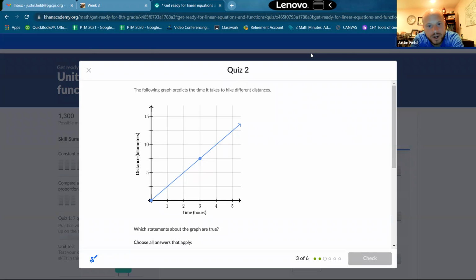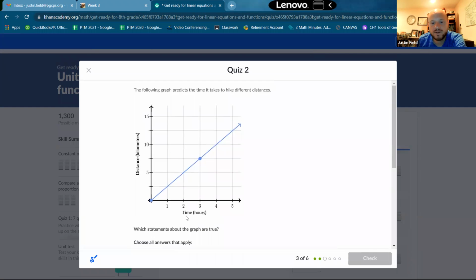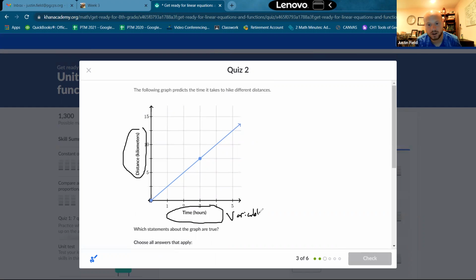The following graph predicts the time it takes to hike different distances. Which statements are true? When we're reading a graph, we first want to look at the labels. These labels tell us our variables. Let's write that down next to the labels. This would be our x variable because that's the x-axis, and this is our y variable because this is the y-axis.